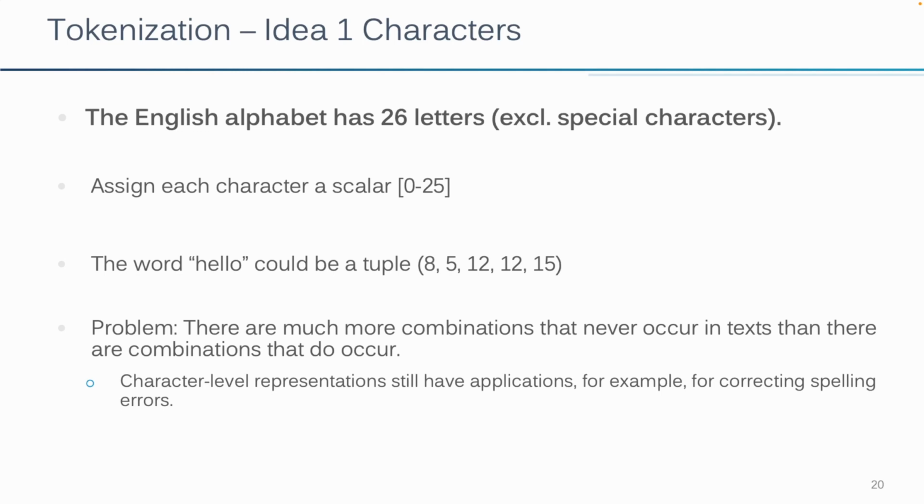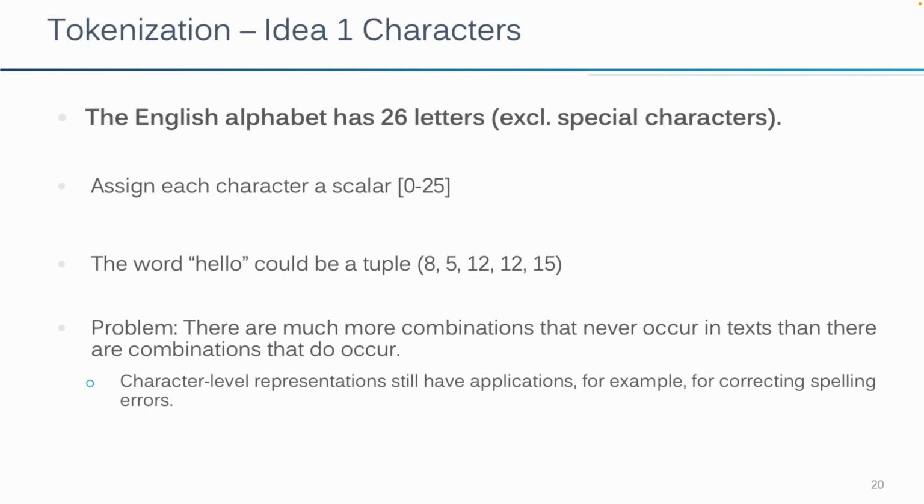So before, when we had age and so on, now we can assign the word hello the characters from the alphabet, which is 8, 5, 12, 12, 15. And this is actually done. This is a concept that is used, for example, to find spelling errors in words. If the neural network can detect a character that is out of place in a word, it can overcome spelling errors.